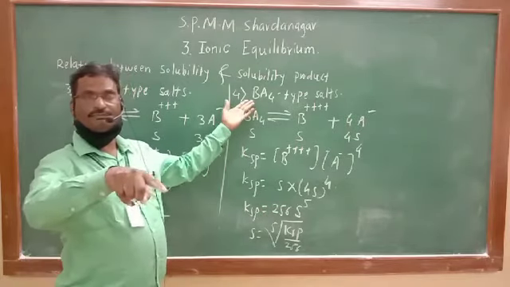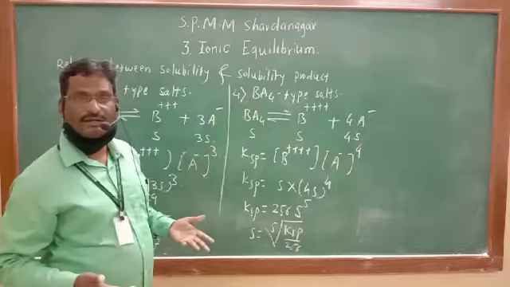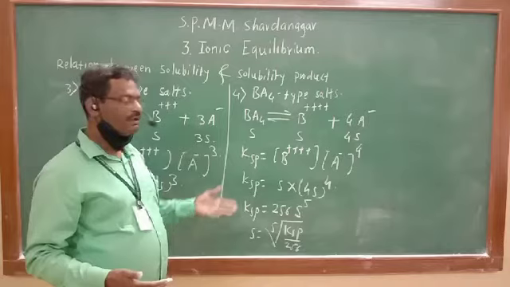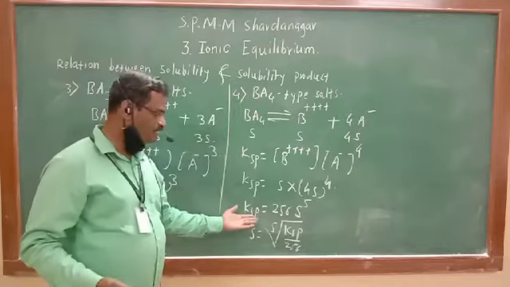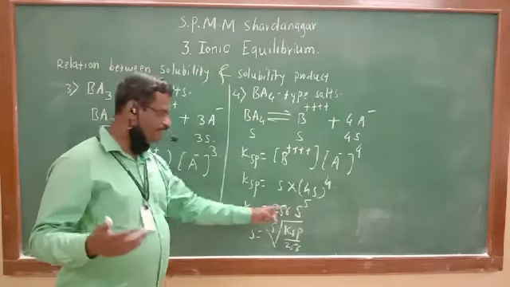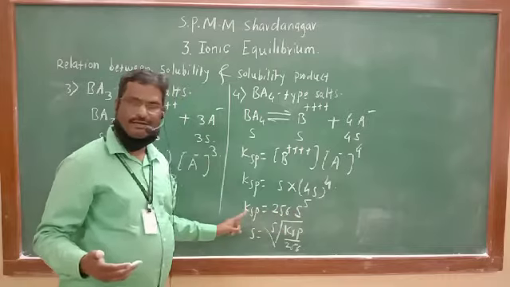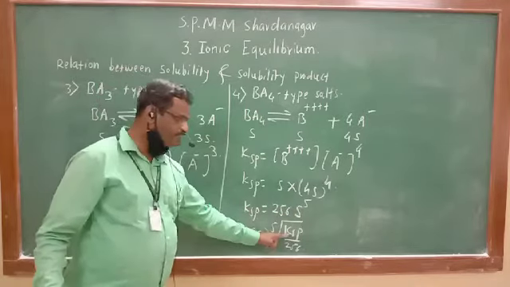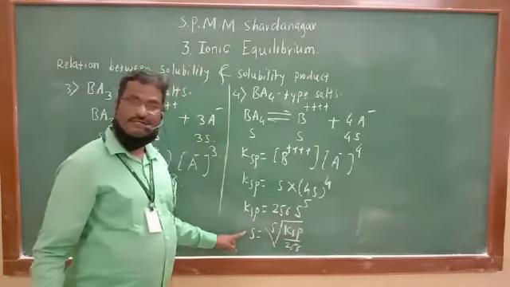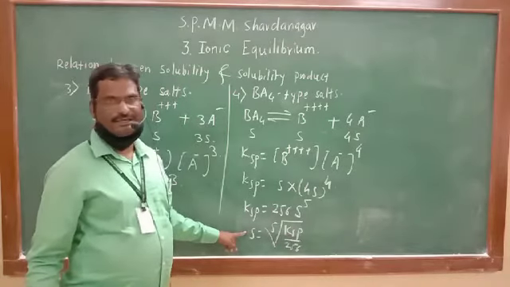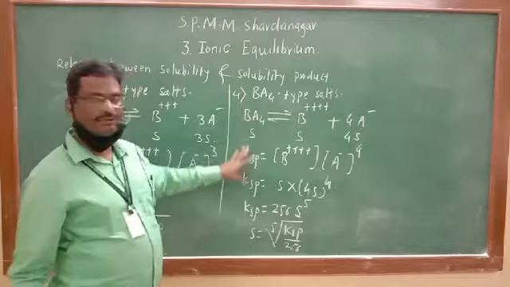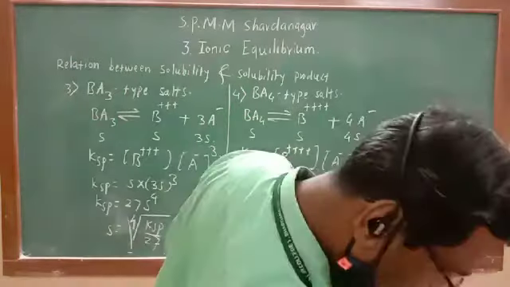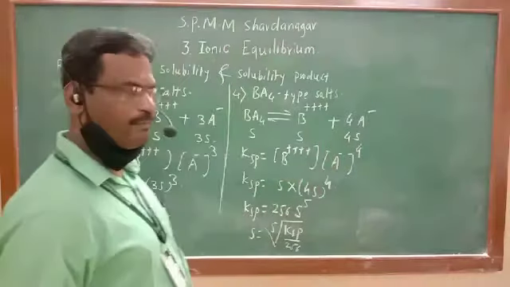But for a problem, silicon tetrachloride, SiCl4, SiCl4 will have this type of equation. If S is given, we can calculate Ksp of SiCl4, or if Ksp is given, we can calculate S of the SiCl4. So these equations are not directly asked to derive, but they are important from the point of solving the problems.